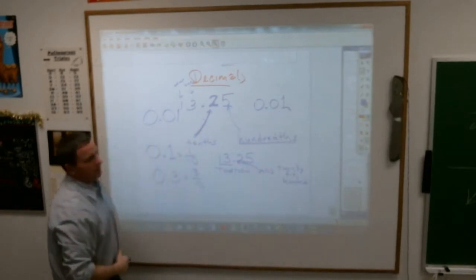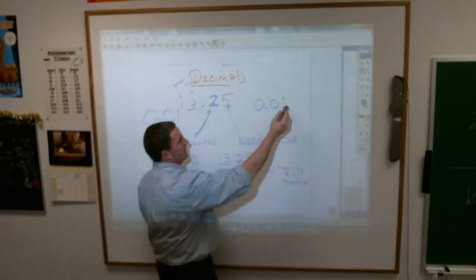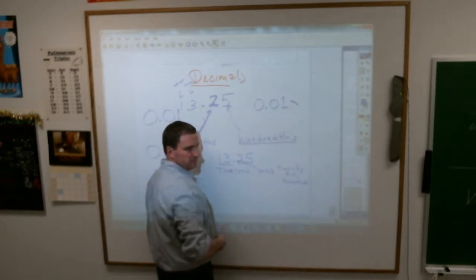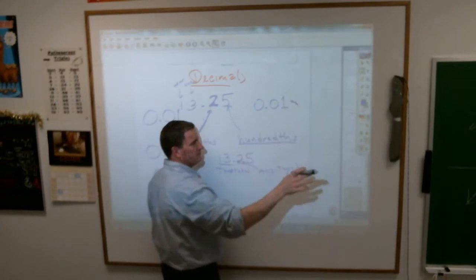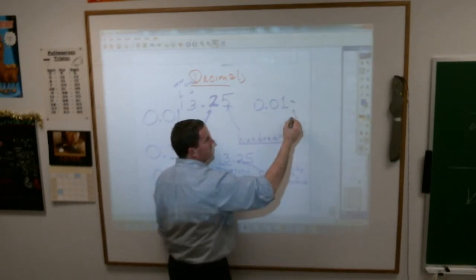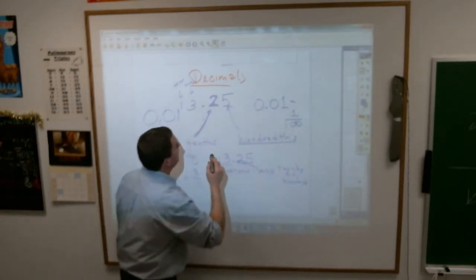How do you say that number there? Molly? 1/100th. Guess what fraction you would write for that? Jenna? 1/100, absolutely.